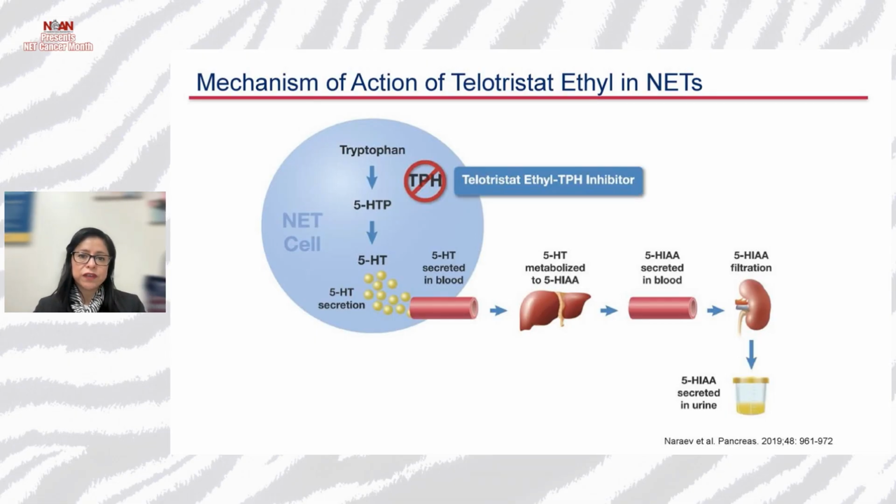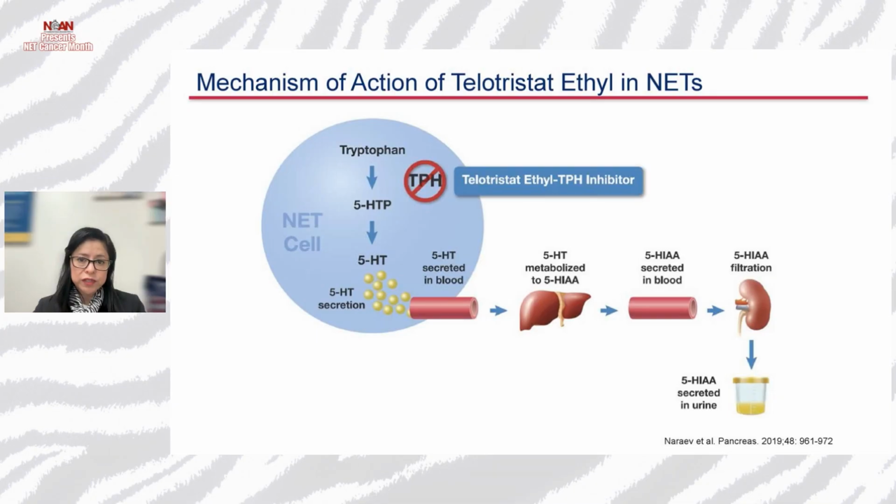So this is a figure which tells me how telotristat works. I mentioned earlier that tryptophan is converted to serotonin by an enzyme called tryptophan hydroxylase. And what telotristat does is block that enzyme, the tryptophan hydroxylase.